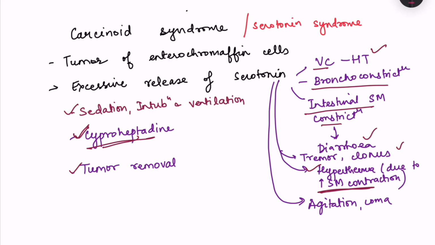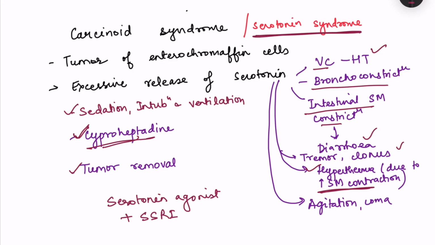Now apart from carcinoid syndrome, there is another condition, that is serotonin syndrome. This serotonin syndrome can occur if we are giving a serotonin agonist, right? We have seen serotonin agonists like buspirone. If we give that, plus we are giving some other drugs which increase the serotonin levels, for example SSRIs, serotonin reuptake inhibitors.